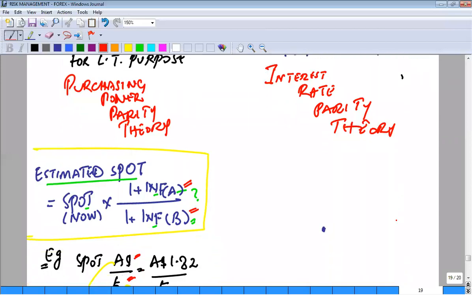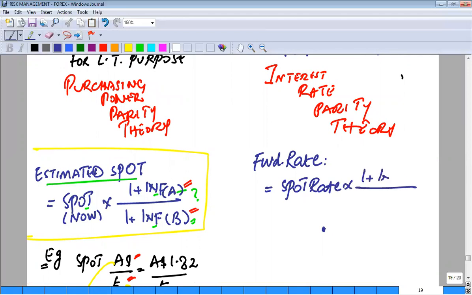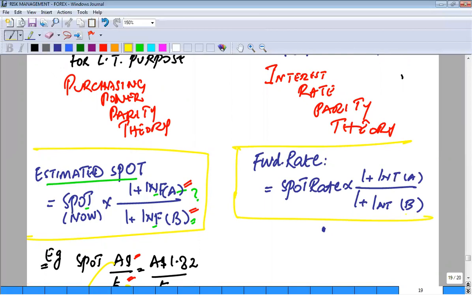For example, if I say to you that we have to identify the forward rate, then it is spot rate multiplied by 1 plus interest A over 1 plus interest B. Whatever we have done till now is about the short term.